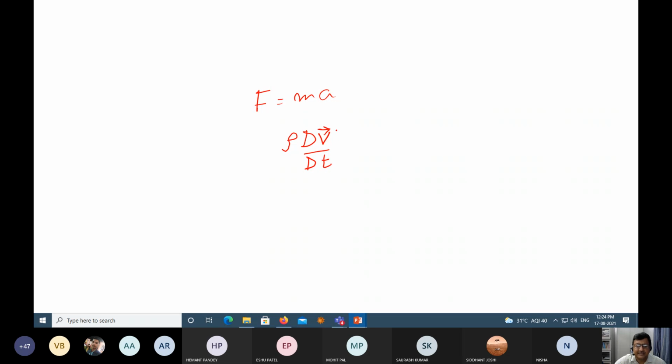What is v here? V is the velocity vector, right? So dv by dt is your acceleration, right? And if I multiply with rho, what does this parameter turn out to be? Force, or force per unit volume, right?